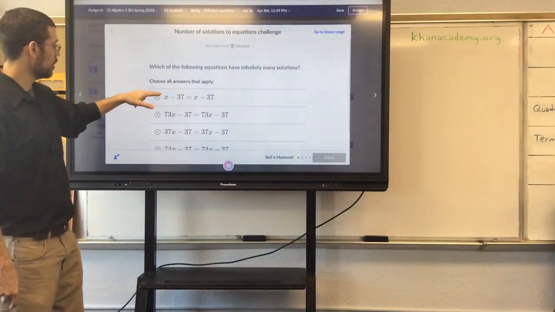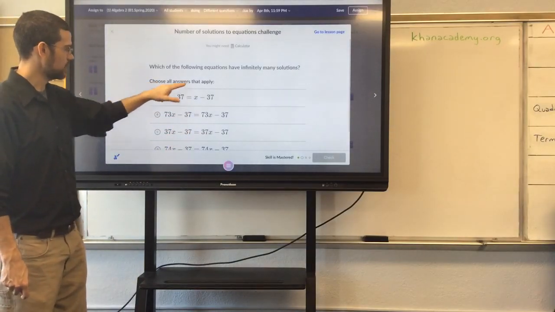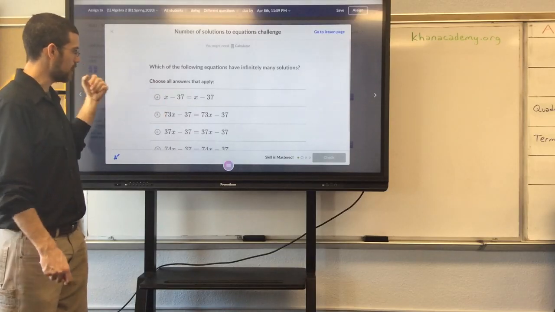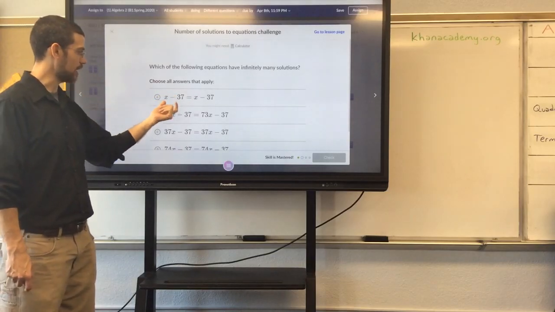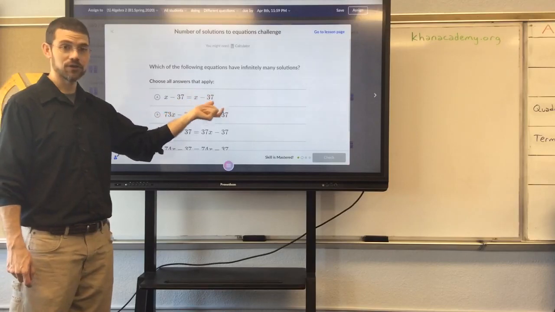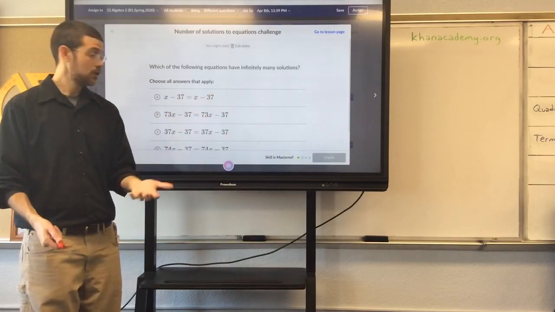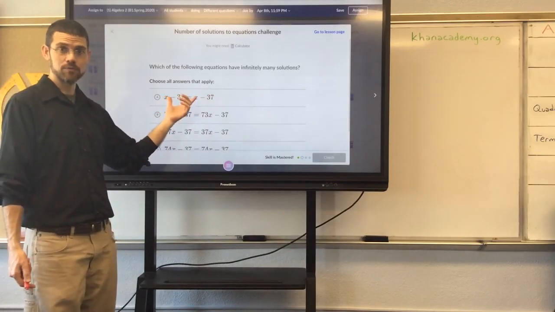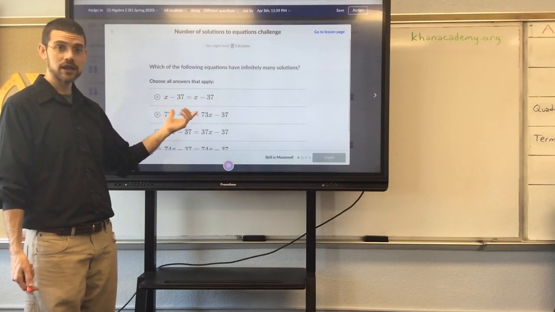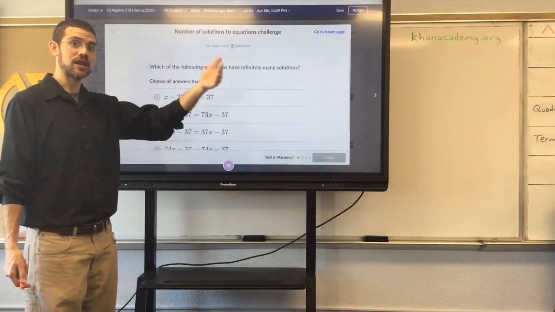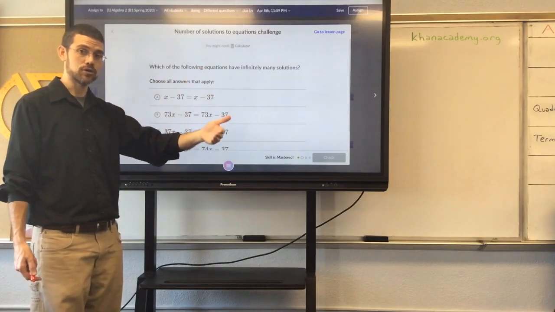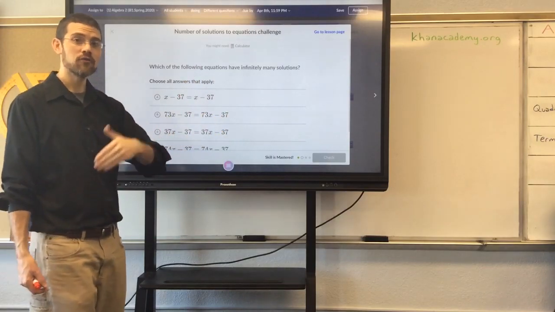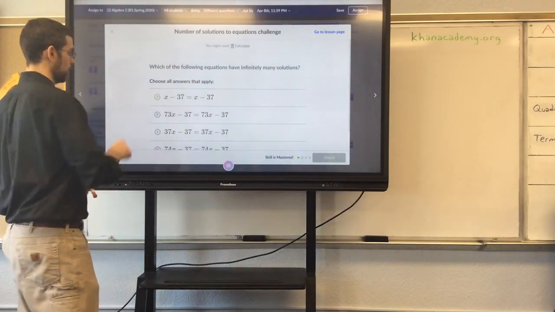So there's the same number of x's, 1x and 1x. You take that away from both sides and you're left with -37 equals -37. That's true. So no matter what x value you put in here, you're going to get a constant that equals the same thing. So it's a true solution. That means there are infinitely many solutions.